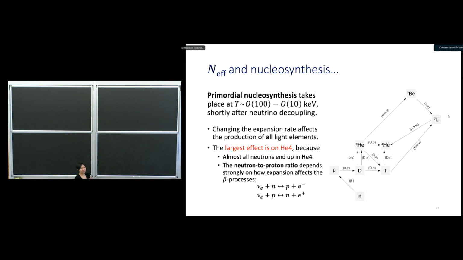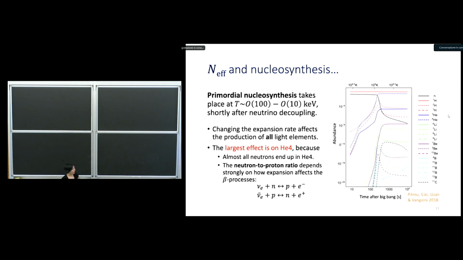Okay, so these processes are happening at around MeV to 100 keV temperatures, and they can go out of equilibrium if the expansion is too fast. Well, yeah, they go out of equilibrium more quickly if the expansion rate is too large. Conversely, if the expansion rate is kind of low because your N effective is low, then these processes can stay in equilibrium for a longer time, and that would end up changing the neutron to proton ratio.